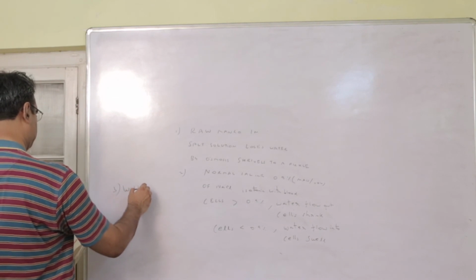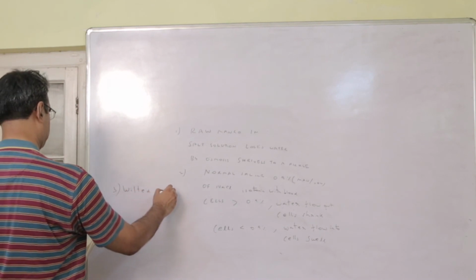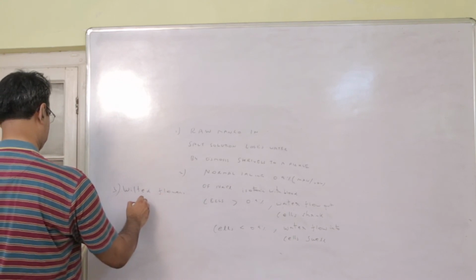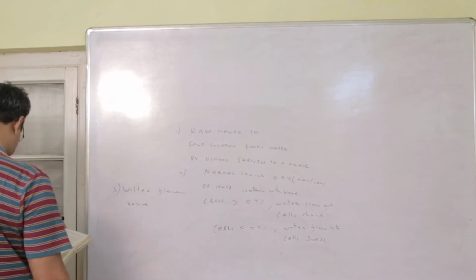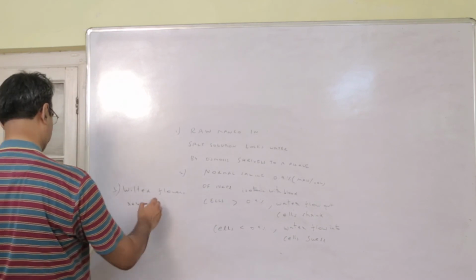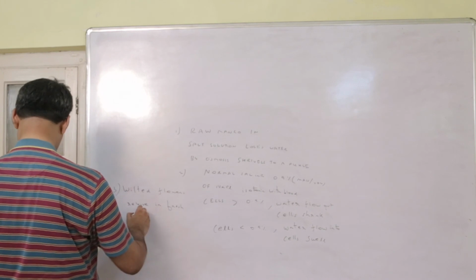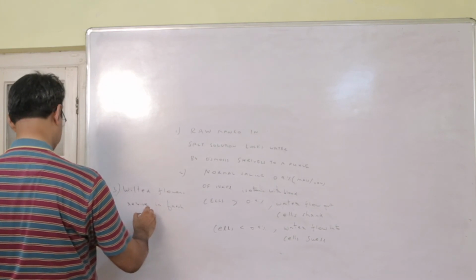Then third example is wilted flowers. They get revived when they are placed in fresh water.